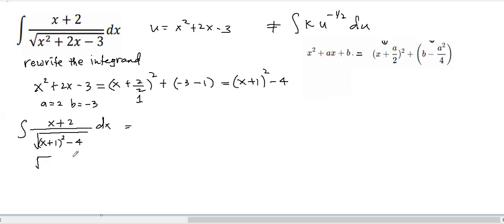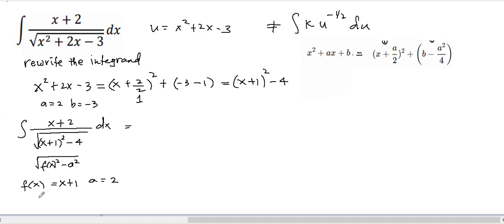So we now have, ano yung itsura nito? Square root of f of x square minus a square. No? So, ang f of x natin ay x plus 1 at ang a natin, so f of x is the square root of the non-constant. Ang a natin ay square root ng constant.